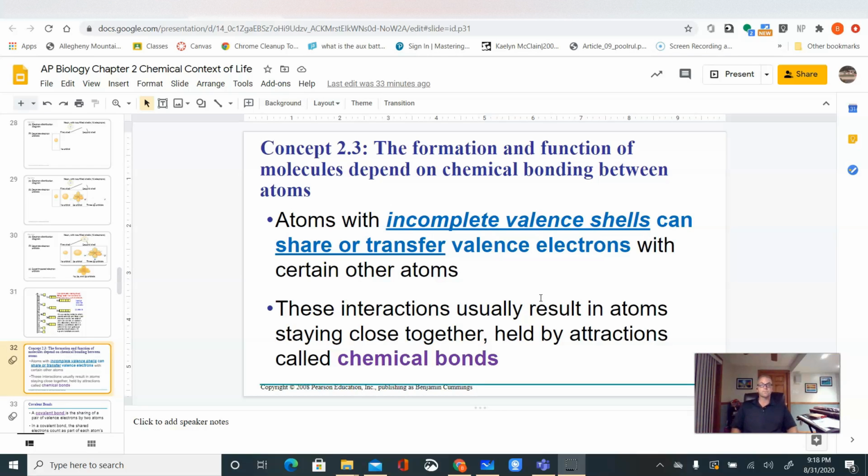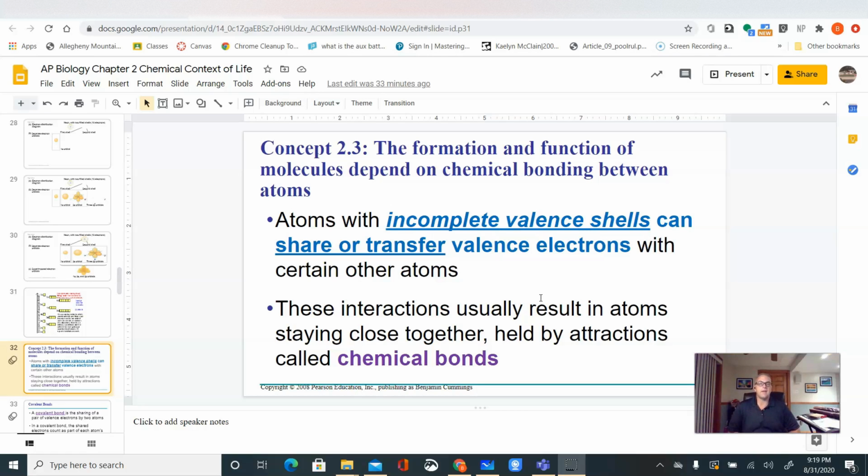So when we last went over this material, we talked about how the outermost shell of the atomic structure, where the electrons would be, is referred to as our valence shell. So the electrons in that outer valence shell are going to do basically one of three different things.